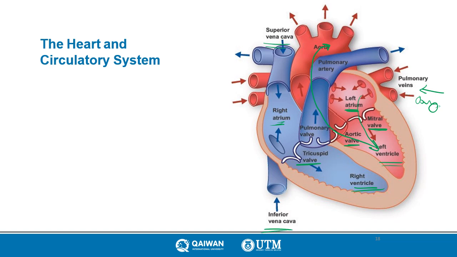Then the blood will be transferred from the right atrium to the right ventricle, and then it will go via the pulmonary artery to the left and right lungs. So this is the circulatory system.